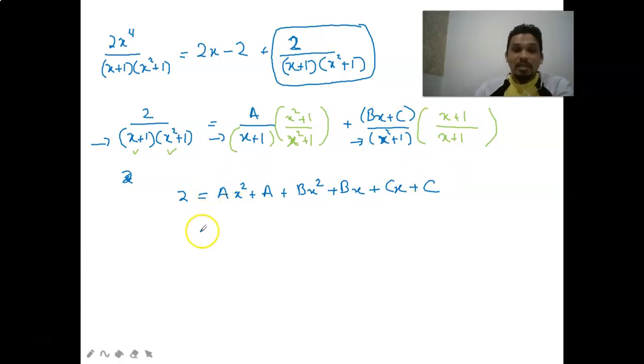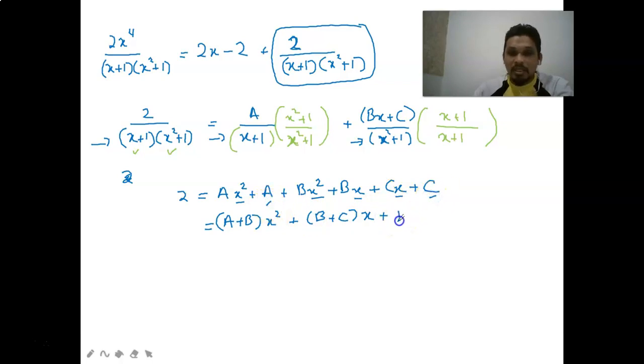Okay, now class, the coefficient of x squared is a plus b multiplied with x squared. The coefficient of x comes out with b plus c multiplied with x, plus the constant a plus c.